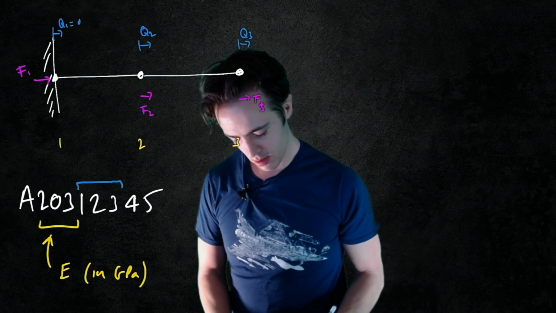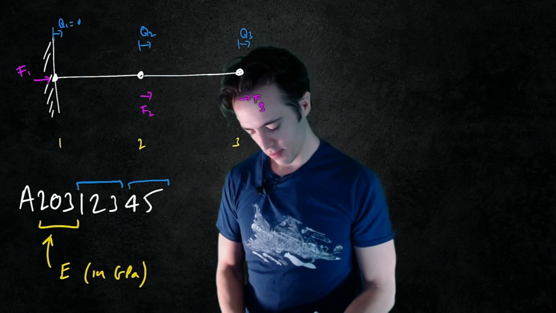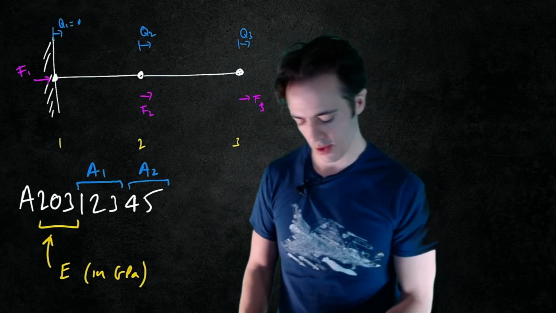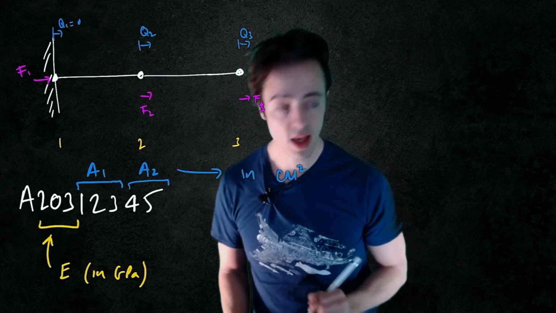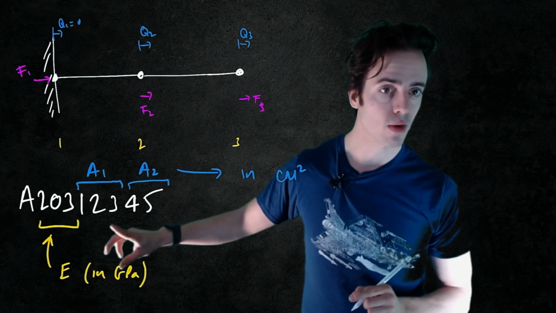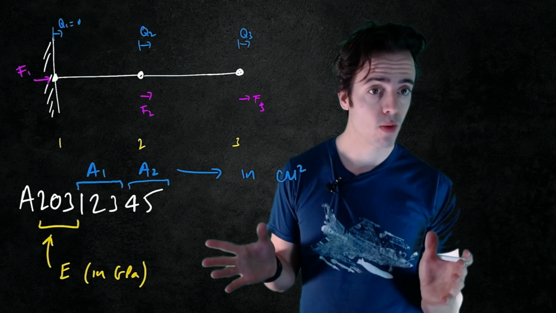Now, the next 3 digits, that's your A1, and the next 2 digits, that's your A2, and these are in square centimeters. If there is a leading 0, or 2 leading zeros perhaps, to either of these, stick a 1 in front of it.